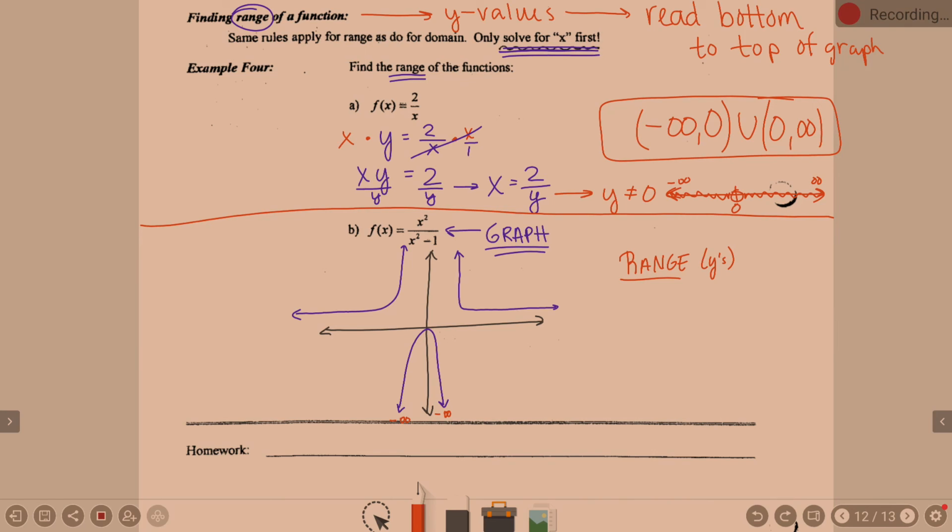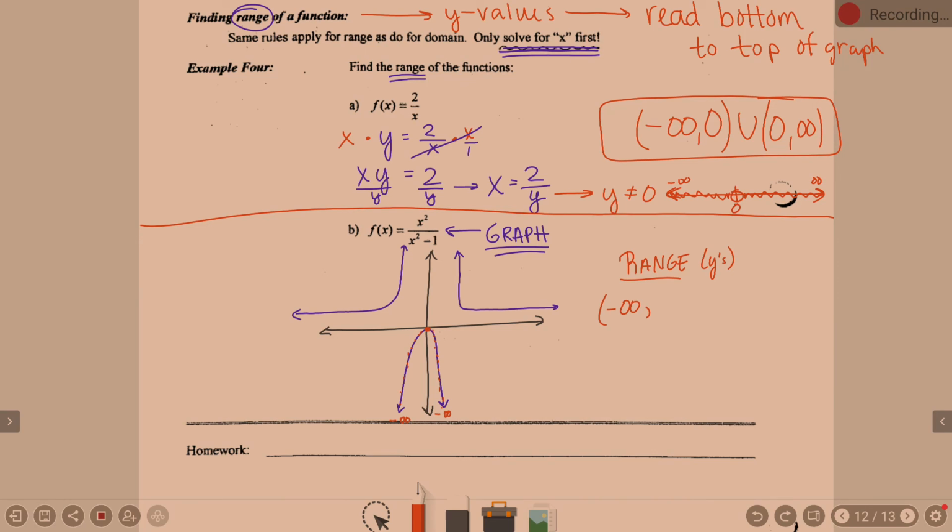Negative infinity. Okay. Now, I'm kind of tracing this graph up. As I trace the graph up, and it's going up on both pieces here, where's my stopping point, or my pausing point, if you will? Where do I stop? Where's this graph taking a break? And that is at the tip top of that upside down parabola, which is at 0.